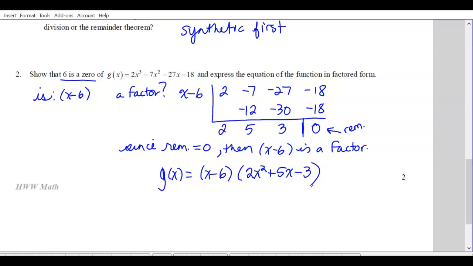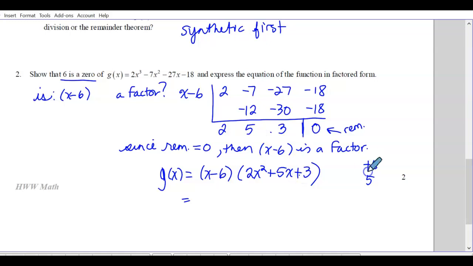Are there two numbers that multiply to negative 6 and add to 5? So that would be multiply to negative 6, so we could use 6 and negative 1. Oh no, I have a negative there for some reason. Sorry, it's positive.